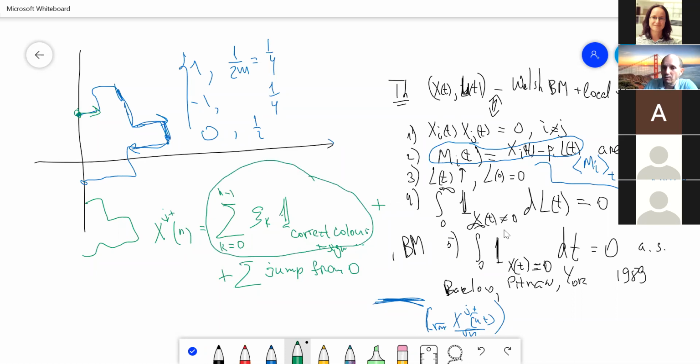If you make Donsker's scaling, this sequence is a martingale difference. If you multiply by square root of m, then the variance of xi_k is just 1.